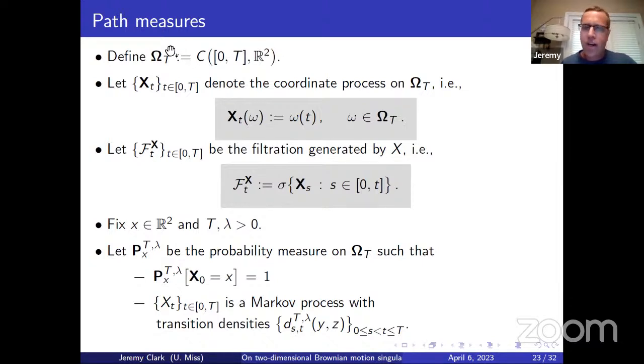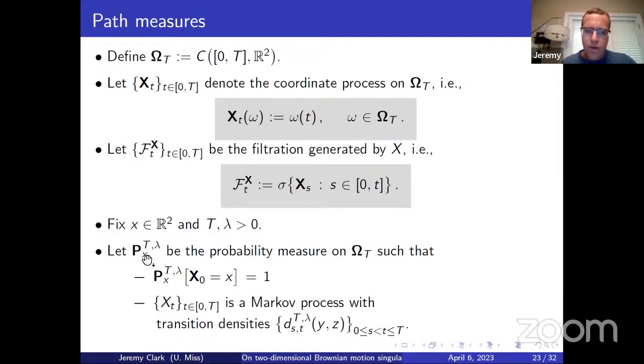So first, let me define a few things. Define a sample space of paths, and define a coordinate process on that path space that is just evaluated at time t by plugging in t, and then define a filtration.